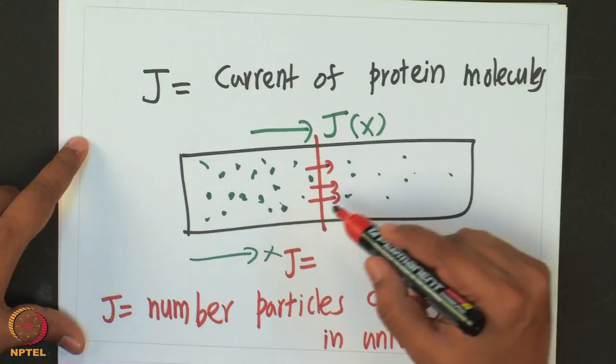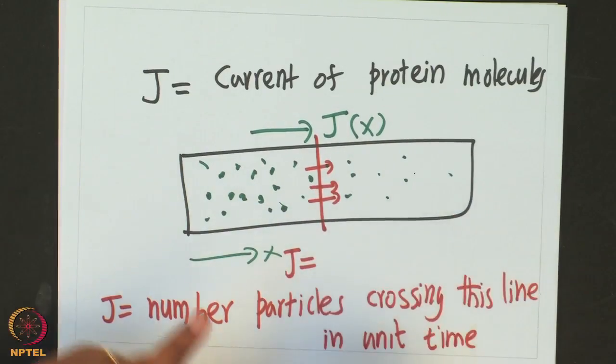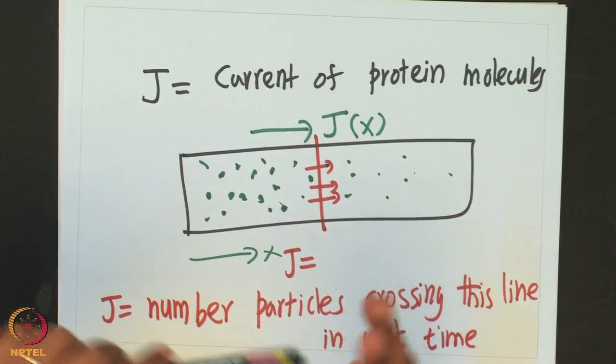Instead of this, think about a three-dimensional tube like this. Things will be flowing out of this pipe, out of a particular point. So how many molecules will flow out? Here what you have to consider is the area. If I have this area, how many particles will flow out in every second from this area?